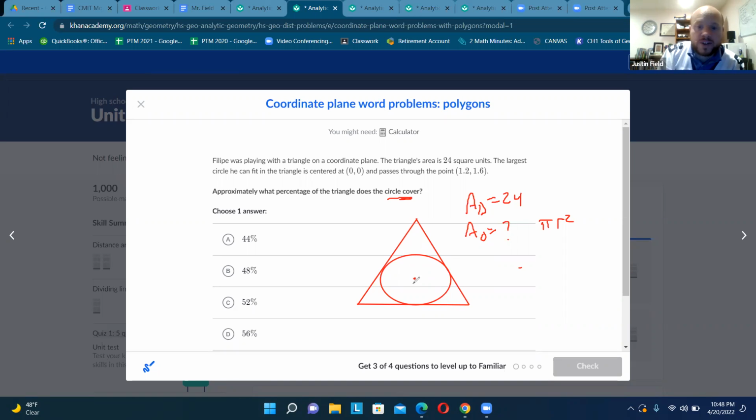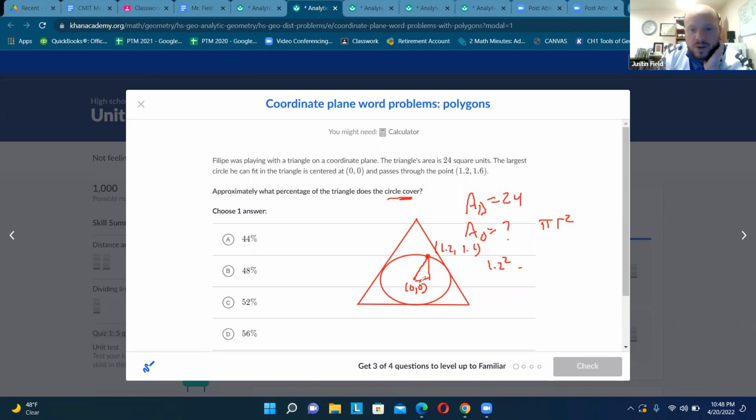We know the center of the circle is at 0, 0. And we know it passes through a point 1.2, 1.6. So that means a point on the circle is 1.2, 1.6. So again, we have a horizontal distance of 1.2 and a vertical distance of 1.6 from the center, which is 0, 0.